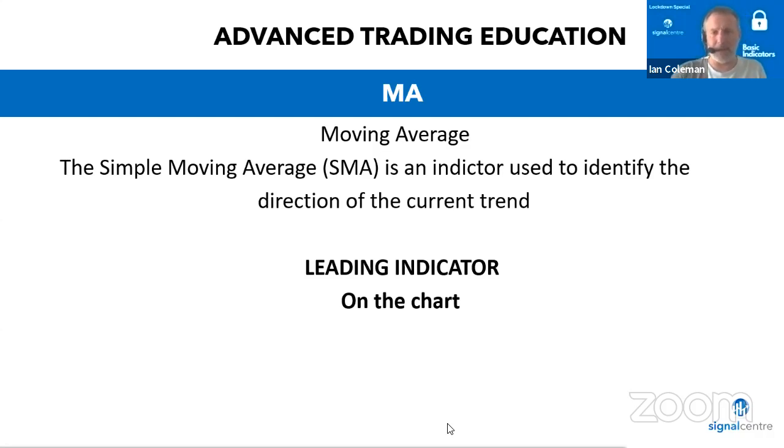It's a leading indicator. In other words, it's telling us where the trend is, and a lot of traders will use a moving average as support or resistance, and that's the main reason why I'm saying that it's a leading indicator. Obviously, it's slightly lagging because it's told us what has happened and we're in the trend.